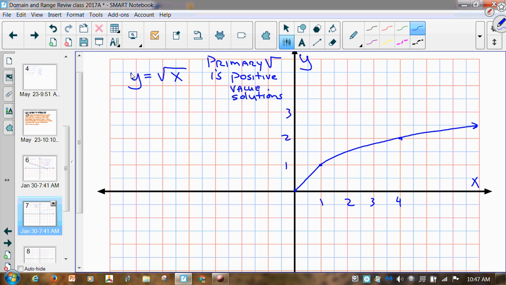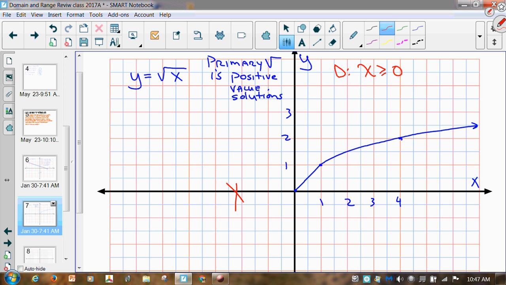The square root only exists for positive numbers. So what is the domain then? Well, it looks like the domain here, because we cannot go negative, okay? We cannot go negative. So this part of the number line for x we can't use. And so we would say that the domain for this particular function, a couple ways we could say it: x greater than or equal to 0, because we can have a square root of 0.